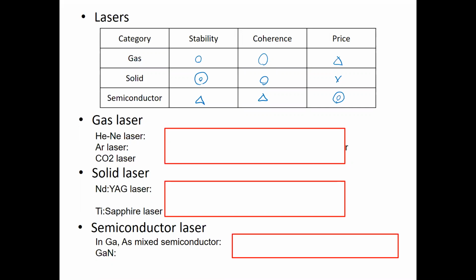As you see, helium and neon are used for the laser medium, which is called the HeNe laser, which has a wavelength of red light, 633 nanometer.